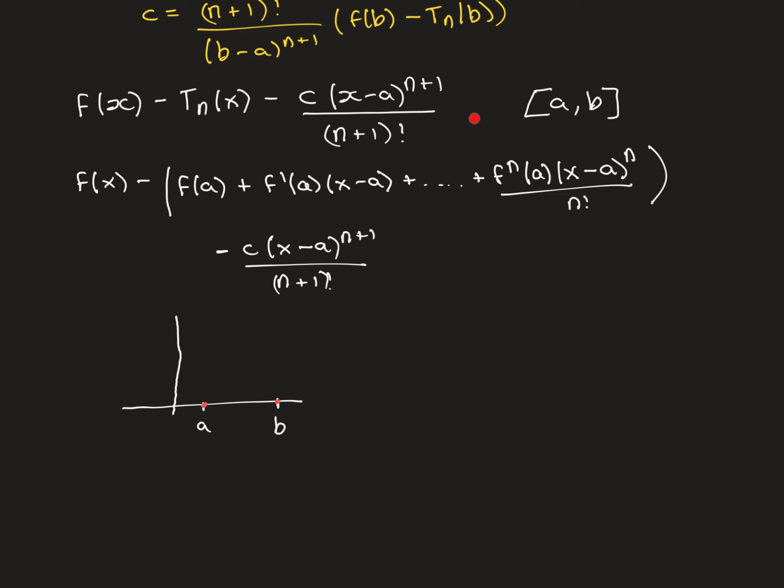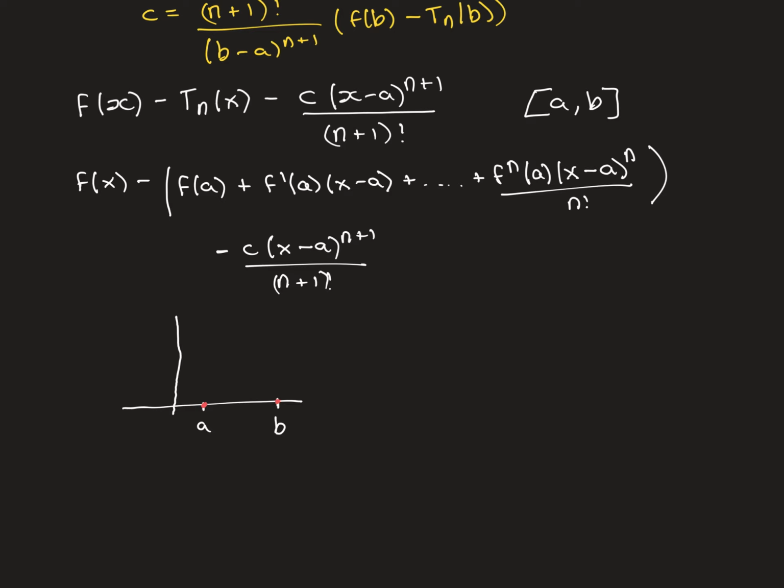Now, this function satisfies all of those criteria for Rolle's theorem. It is, remember, going to be n times differentiable on the closed interval from a to b, and all of its derivatives are going to be continuous, and then it's n plus 1 times differentiable on the open interval from a to b. So that certainly means that it's going to be continuous on the closed interval from a to b and differentiable once on the open interval from a to b. In fact, it's far more than that, but it certainly satisfies the criteria for Rolle's theorem.